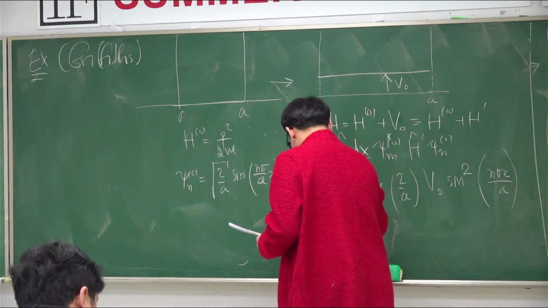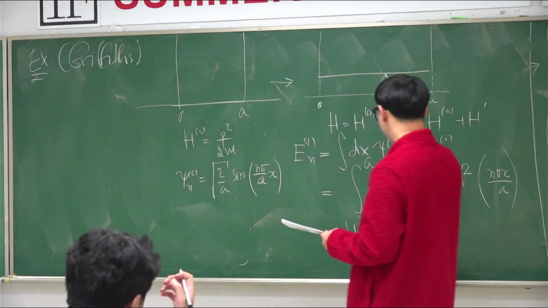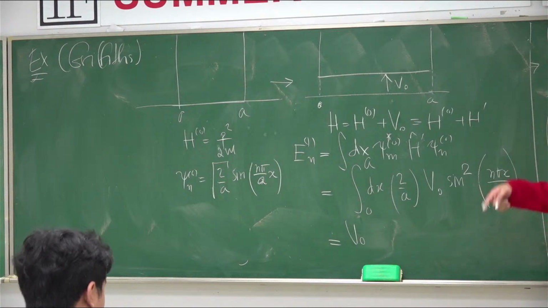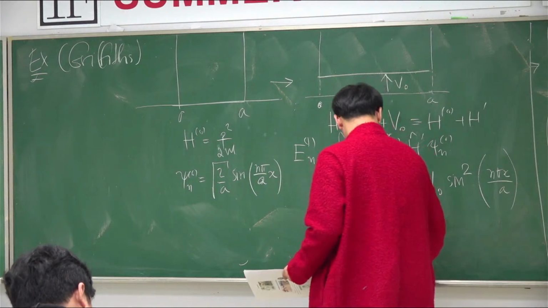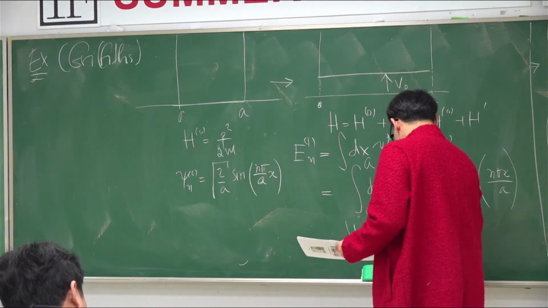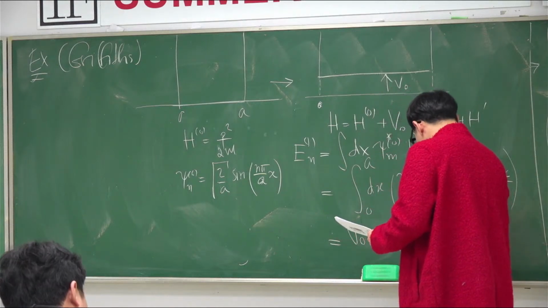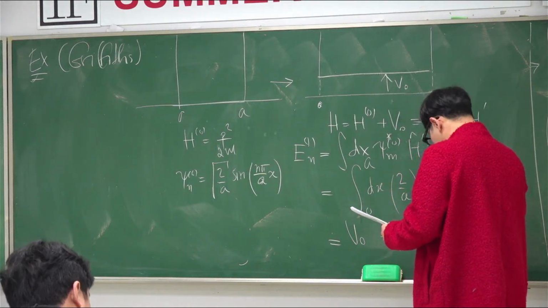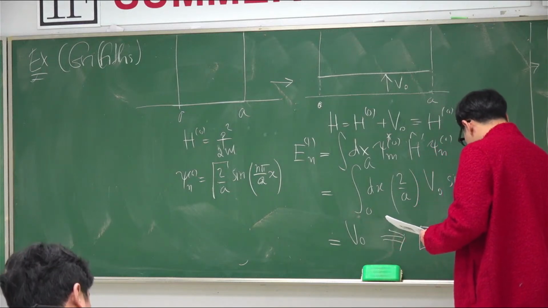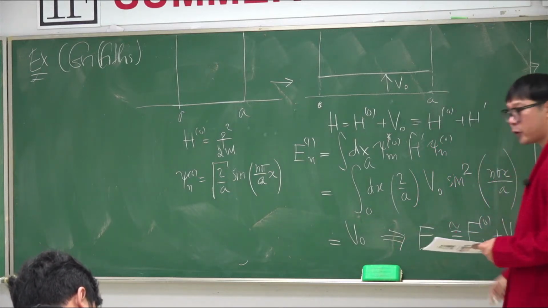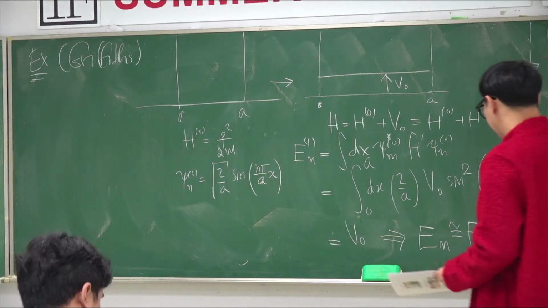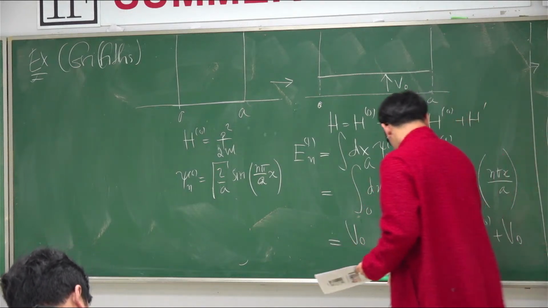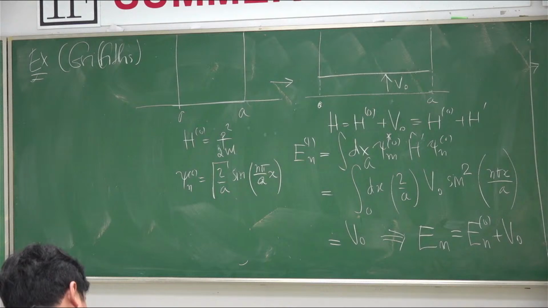And it turns out that you get V0. I don't want to do the integration for you, but you can do it yourself because it's not difficult. So then it means that your energy level is going to be this one up to third order of expansion. Okay, roughly speaking, but this is really exact that you can do.